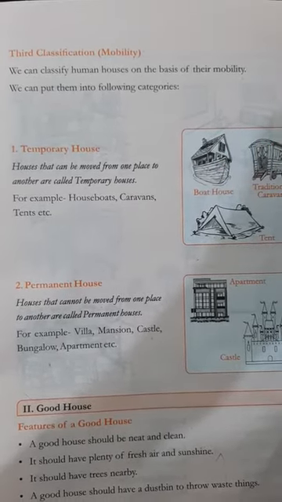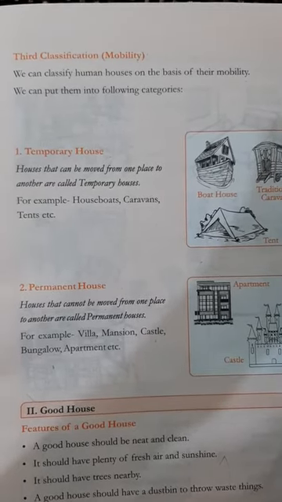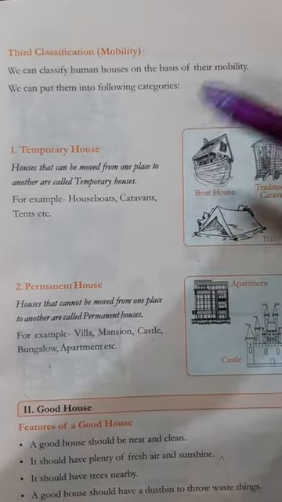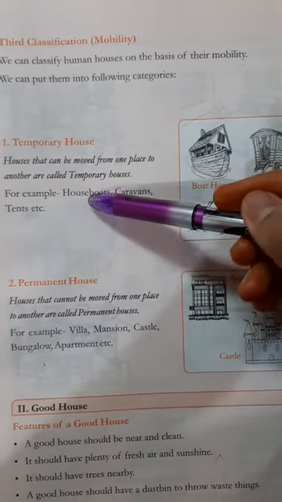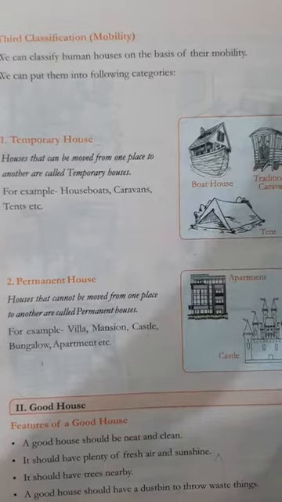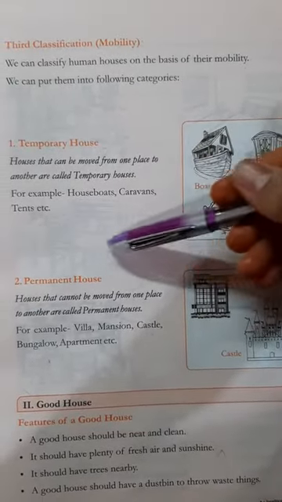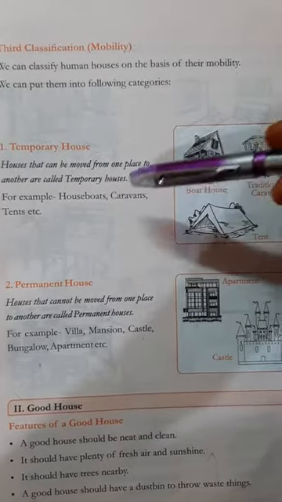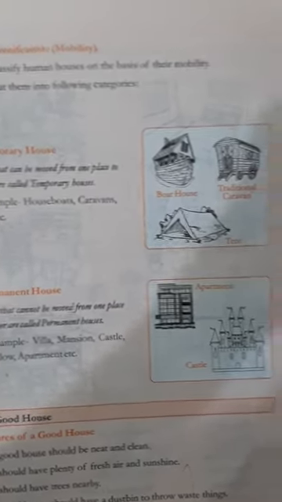Now let's have an example of the houses: houseboats, caravans, tents, etc. These houses can be moved from one place to another.